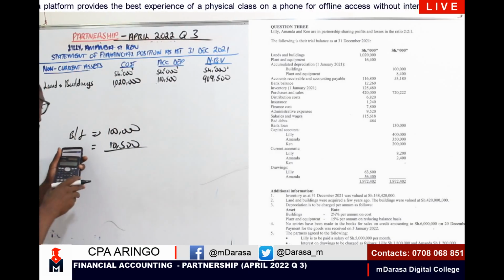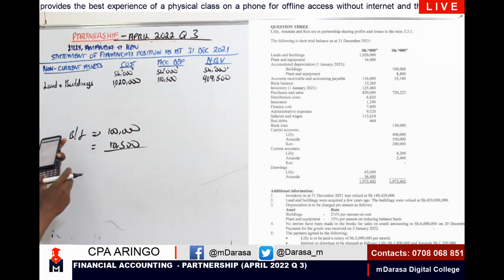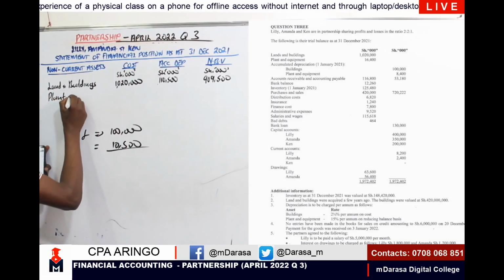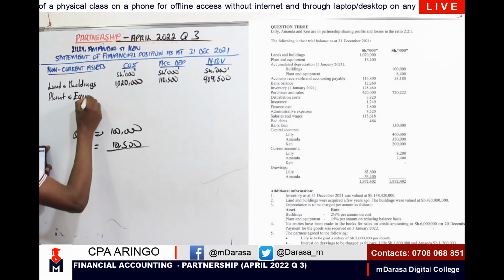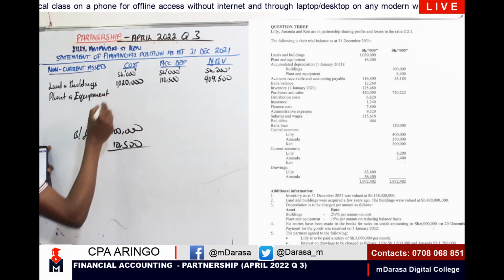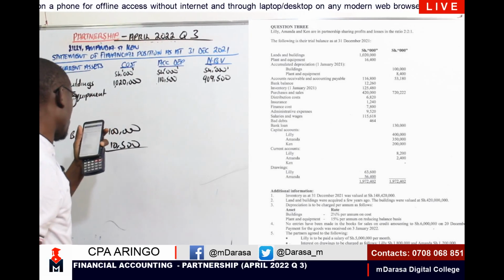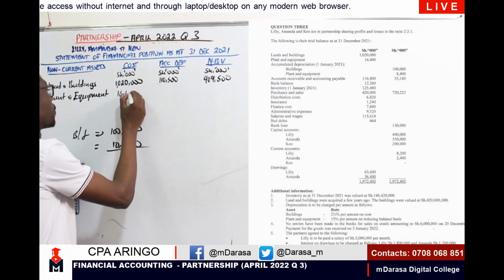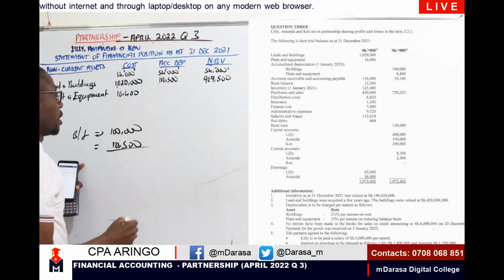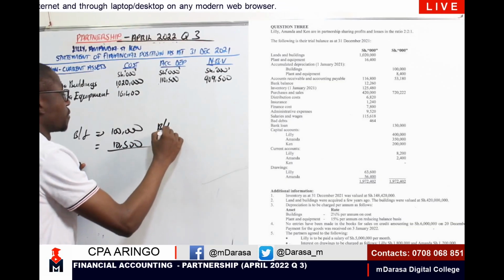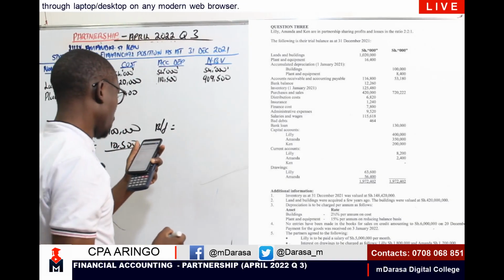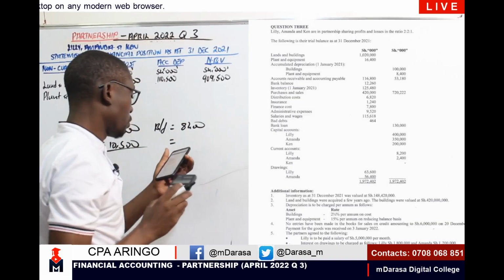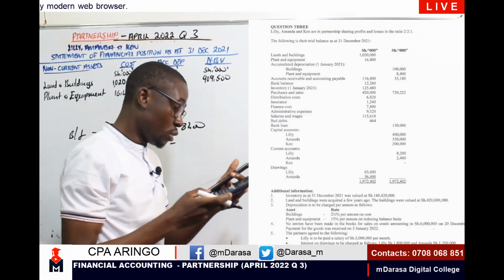Talk about the other asset here, which in this case we had plant and equipment. Cost, I was given a figure of 16,400. What about accumulated depreciation? Brought forward, we had a figure of 8,400. Charge for the year, I'll just do it with my calc quickly because we had already computed that.